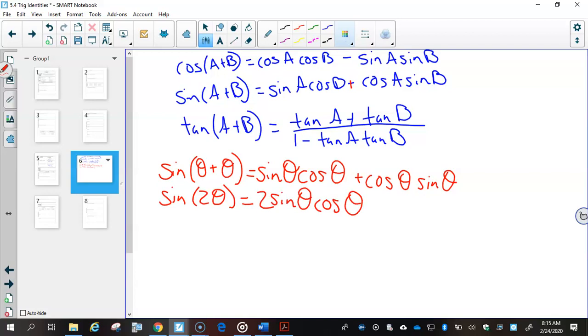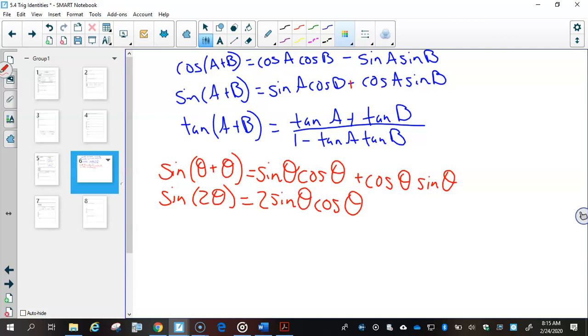We added them together. Okay, I have a question. Since you added them together, you wrote 2 sine theta. Why won't cosine be 2 cosine? Here, I'm really saying 2 of these. Oh, okay. I'm sorry.